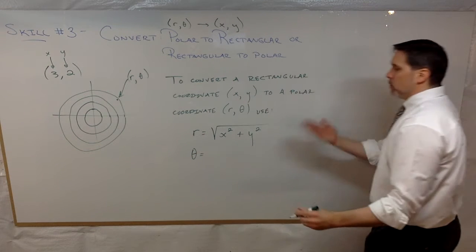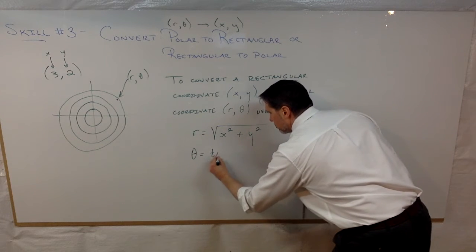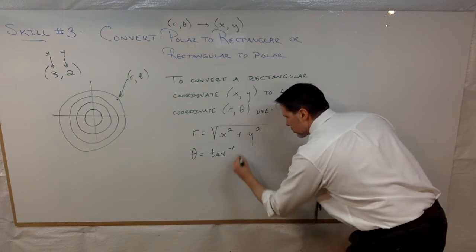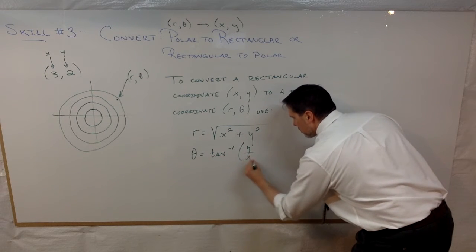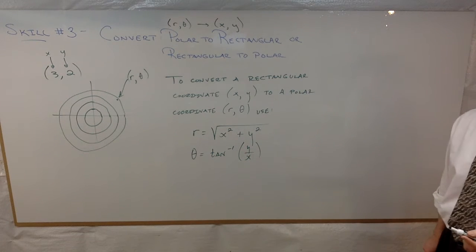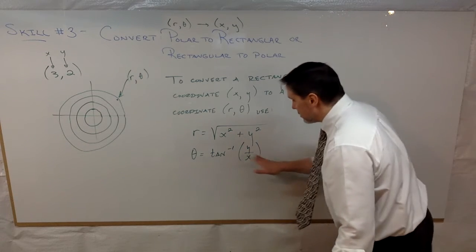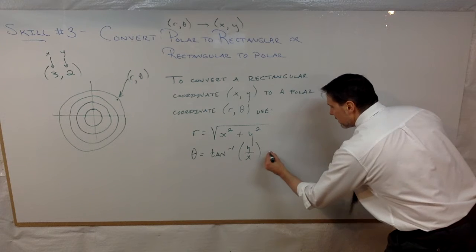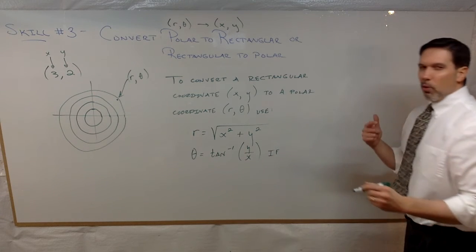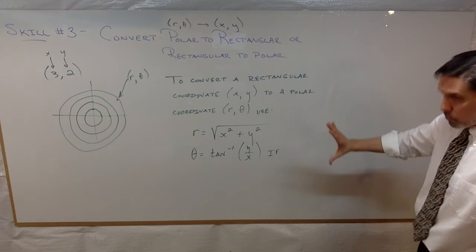Theta, we can say, is simply going to be the inverse tangent of y over x, under a condition here. Tangent inverse of y over x if you are in quadrant 1 or quadrant 4.